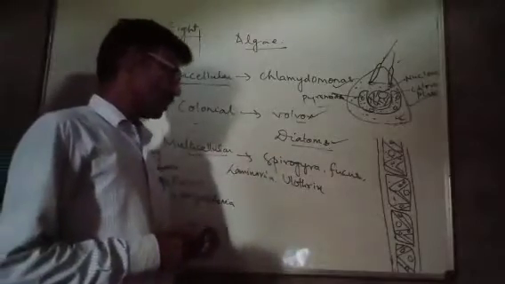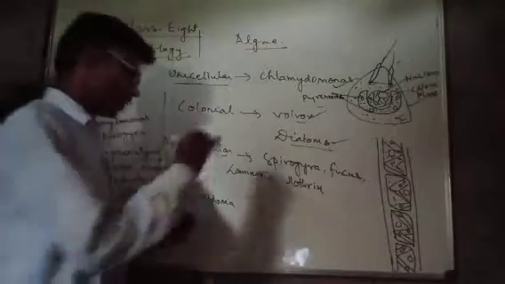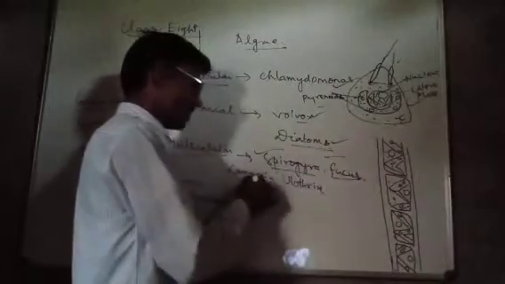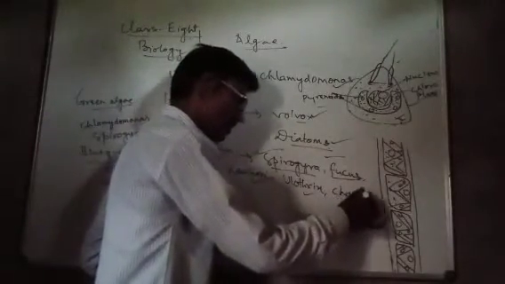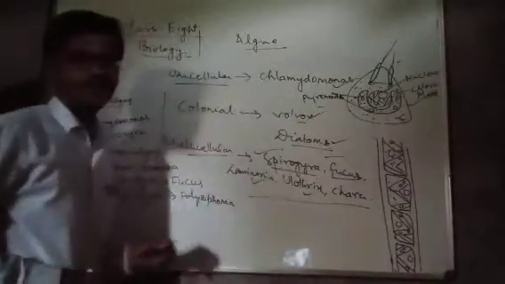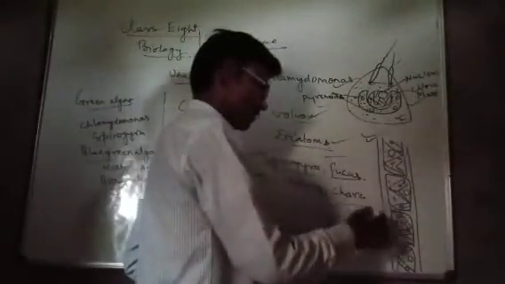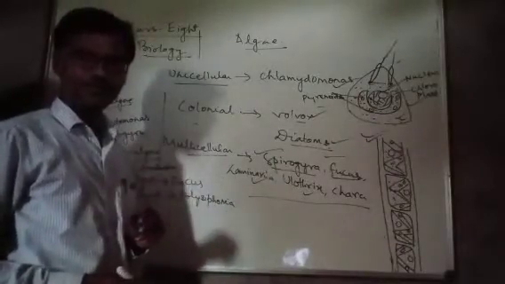Next, multicellular algae. There are many multicellular filamentous algae such as Spirogyra, Fucus, Laminaria, Oedogonium, Chara. These are filamentous algae made by many cells. You see this diagram, it's a diagram of Spirogyra.